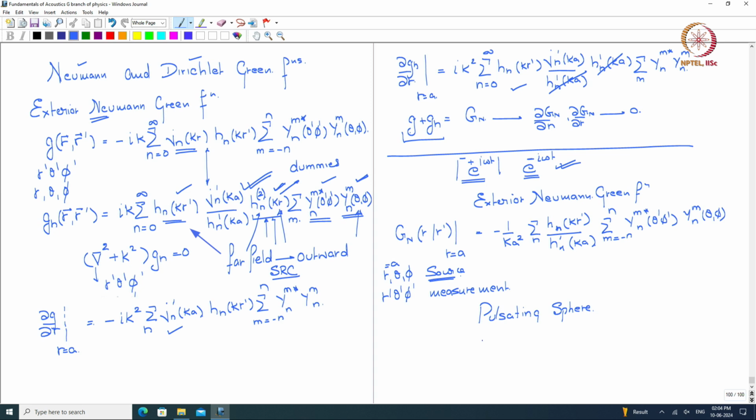So what it is: a sphere of nominal radius, let us say a, and then there is an oscillation on top of it, delta(t), uniformly for all theta and phi. So it bulges and it contracts.